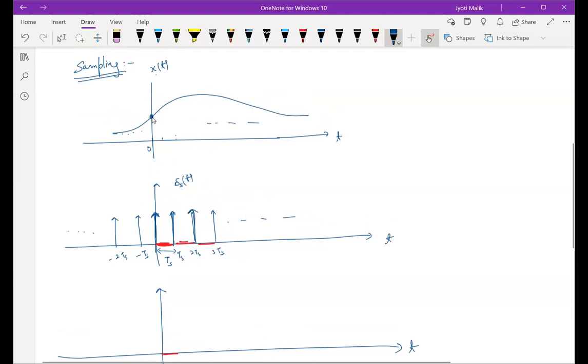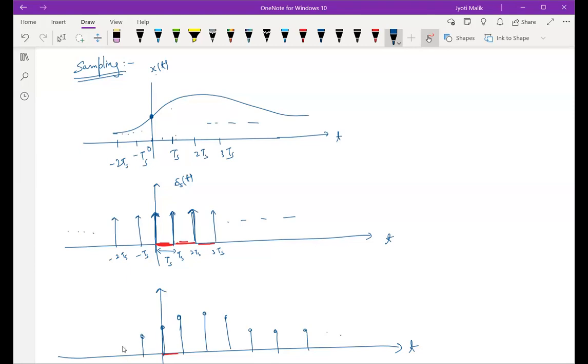Those values will be the values of x of t at those instants. At 0, the sample of x of t is this much, and it is multiplied with 1, so we get the same sample here. Then the sample of x of t at ts, something like this at 2ts, then at 3ts, like this.